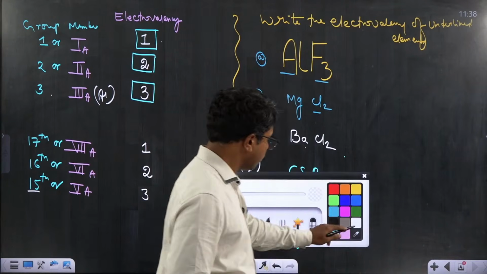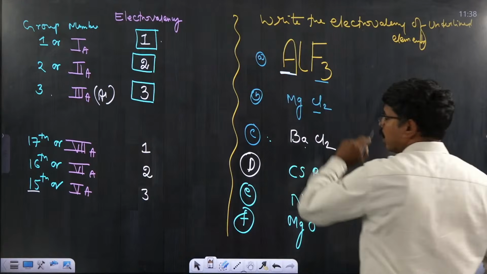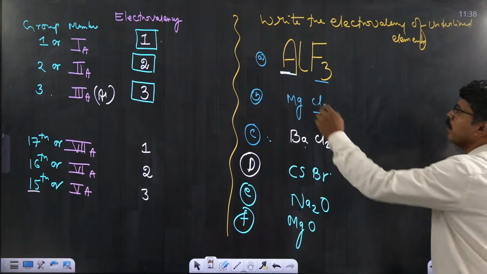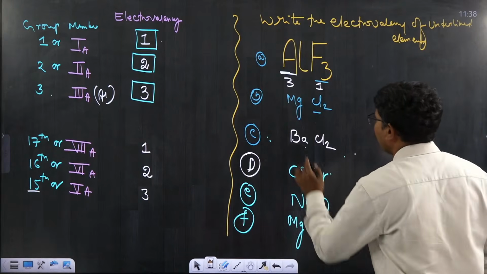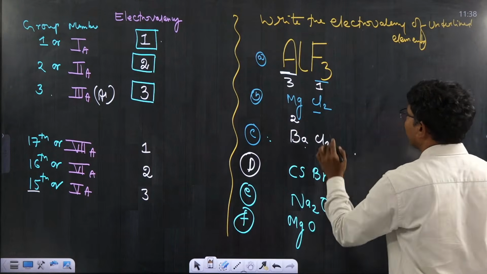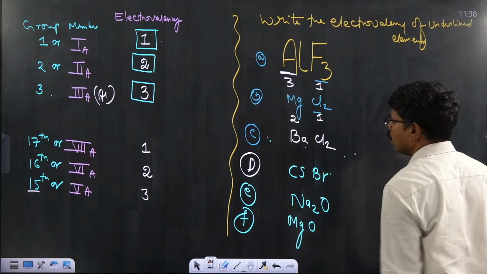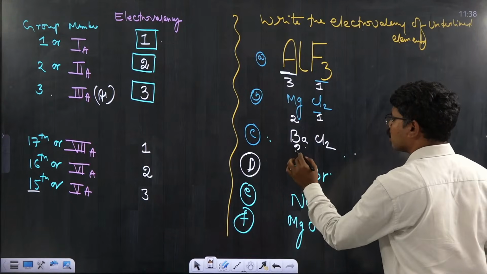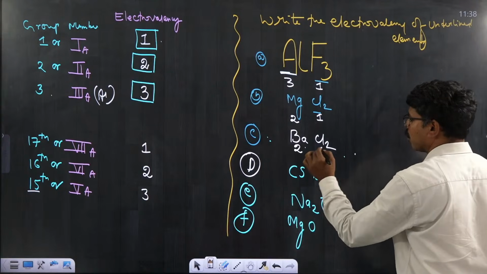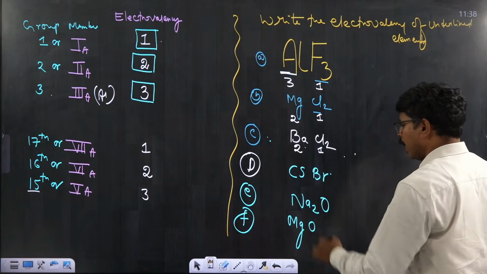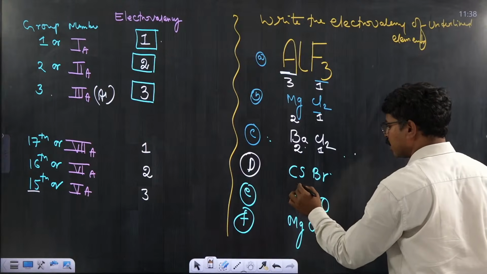So what is the electrovalency of aluminum over here? Answers please. Aluminum electrovalency is 3 and fluorine electrovalency is 1. Magnesium electrovalency is 2 and for chlorine it is 1. For barium, electrovalency is 2 because it belongs to the second group, and chlorine, as we know, is 1. What is the electrovalency of cesium here?